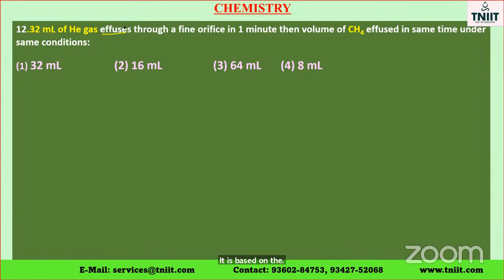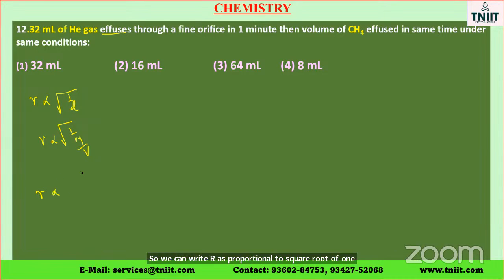So rate of diffusion of helium, 32 ml of helium gas. The rate of diffusion is inversely proportional to the square root of its density. That is Graham's law of diffusion. Density is mass by volume. So we can write R is proportional to square root of 1 by (m by v), or R is proportional to square root of v by m.